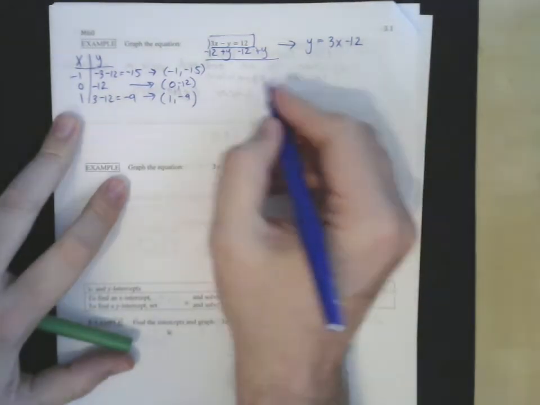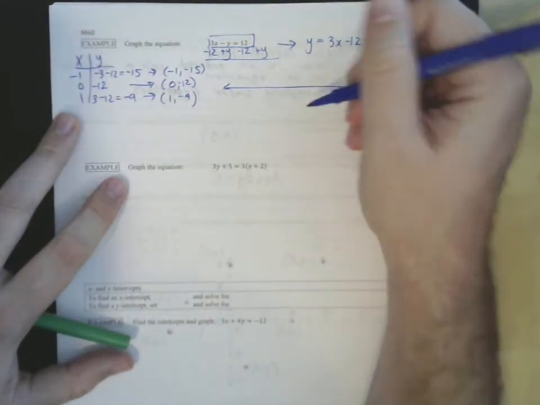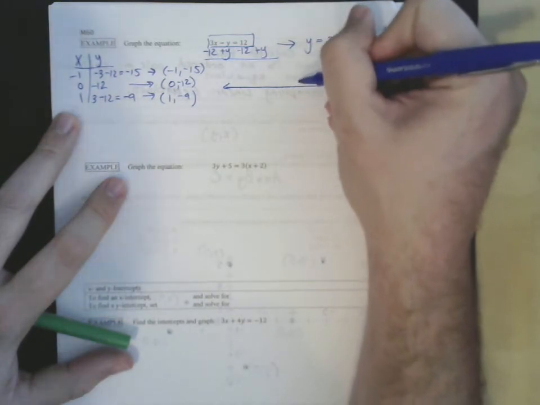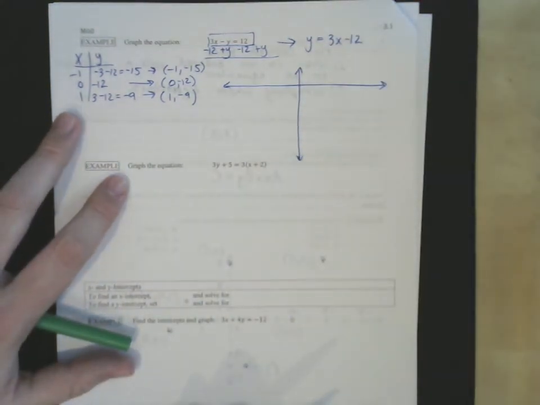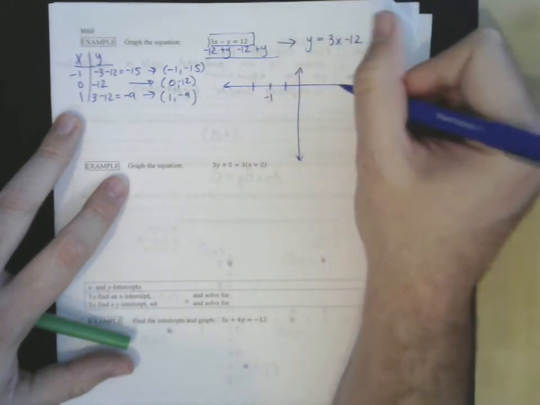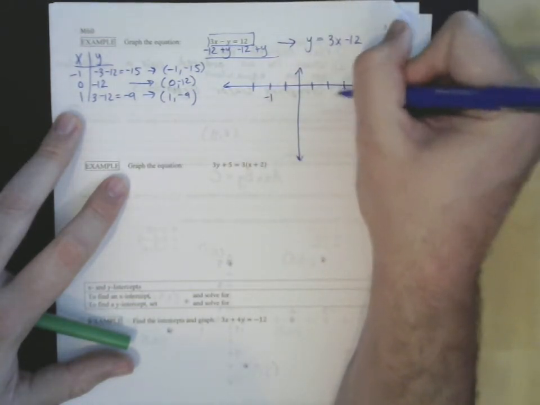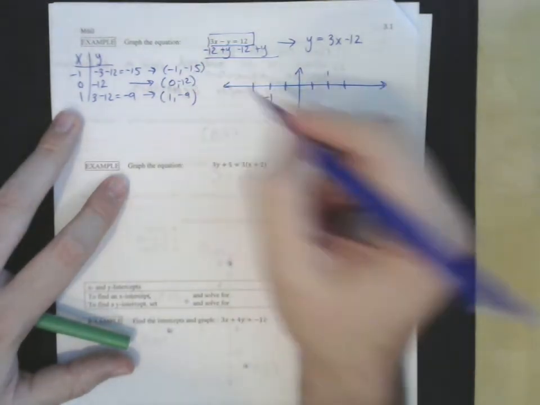So when I draw my axes, I'm going to draw them like this, because I don't need any positive y values. I'm not going to be plotting any. And then I need a couple negatives. I'll put the -1 here. A couple positives. I'll put the +1 here. And I need to get all the way to -15.